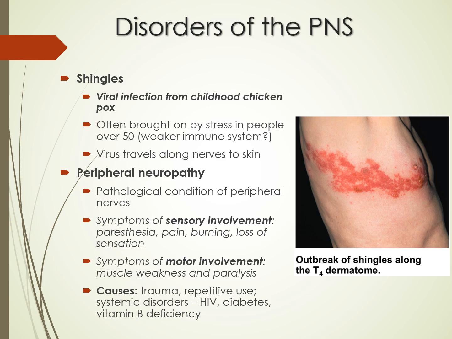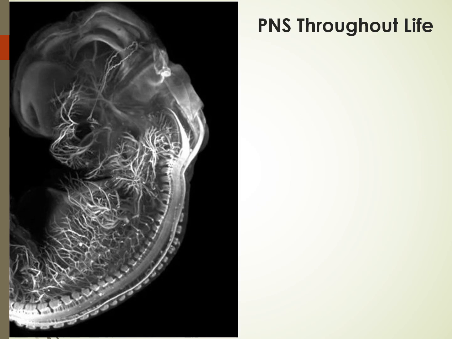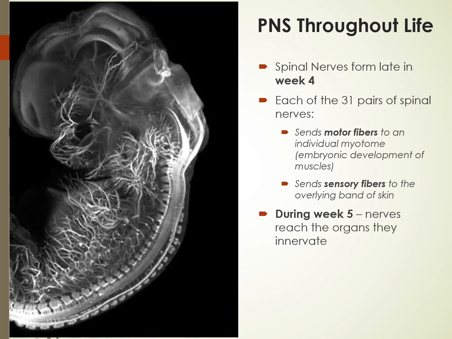A lot of times it's in the feet or hands, so it's a lot of limbs affected. And then the cause can be anything from trauma to systemic disorders. We see it a lot in diabetic patients, as well as trauma. So something like a car accident or something like that.